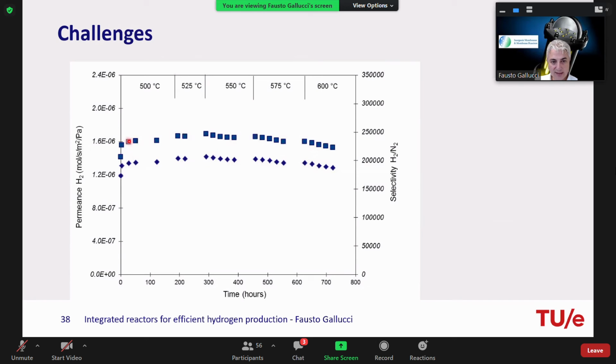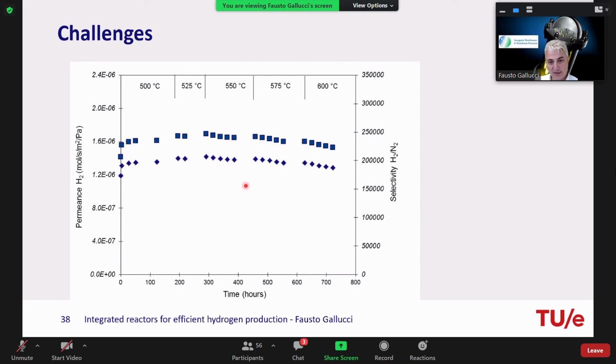For many hours the membranes are very stable, but at a certain point, especially at high temperature, after 800 hours the selectivity drops from 200,000 to around 2,000. For this particular case, we need a selectivity of 12,000, which means that the membranes were not good enough after 1,000 hours. And of course, if you have a plant, you don't want to stop the plant every 1,000 hours.